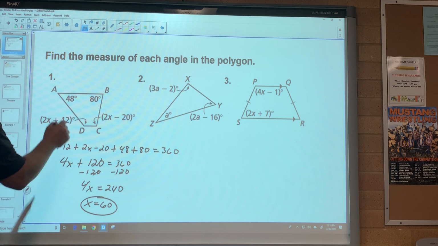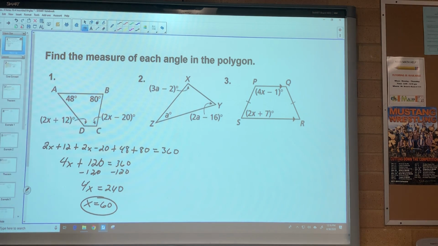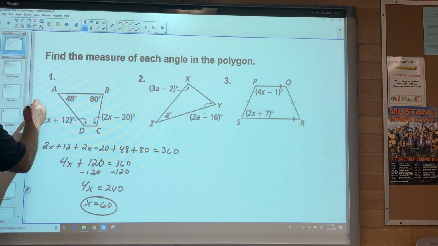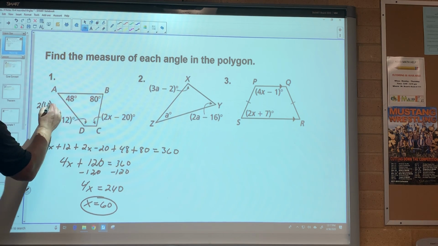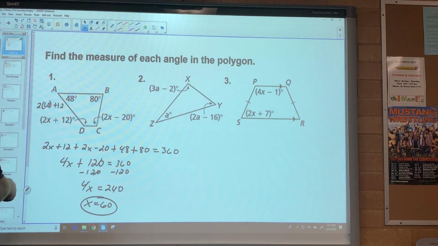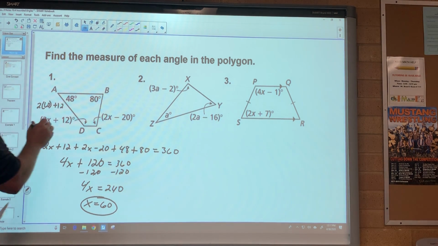So that's not the answer. They wanted each angle. So now I'll take the 60 and plug it back in here. I'll go 2 times 60 plus the 12. It's going to be 120 plus 12, which is 132 for this one.